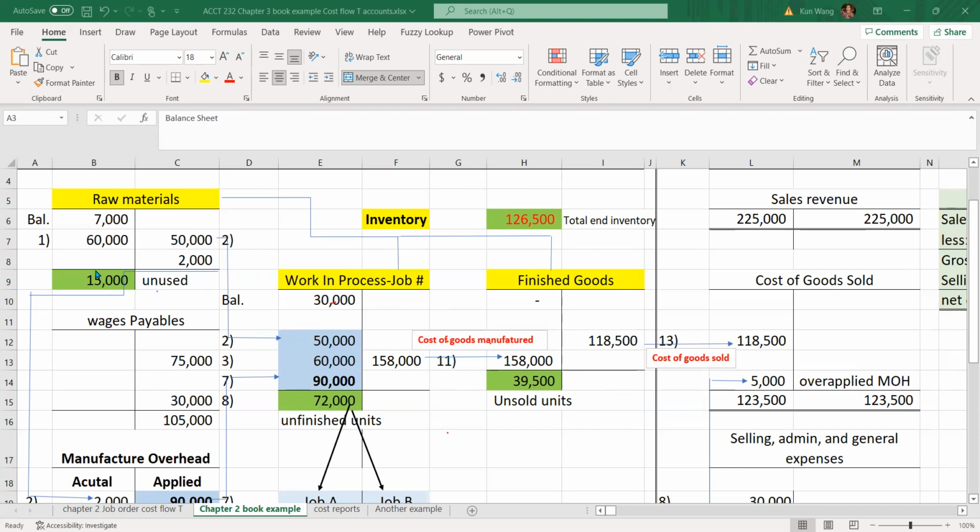You normally have raw materials balance, working in process balance for the incomplete jobs or products, and then the finished goods inventory for the unsold units.